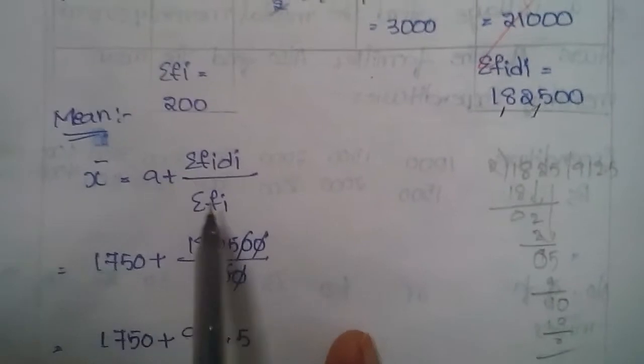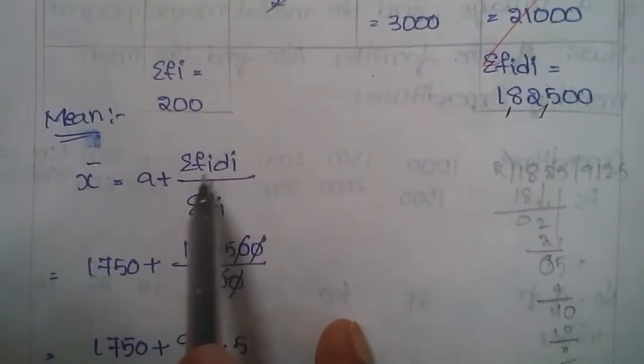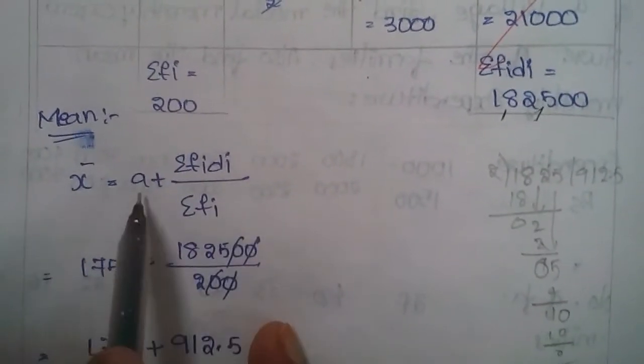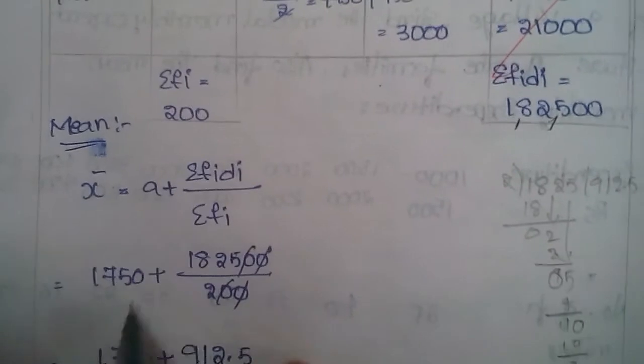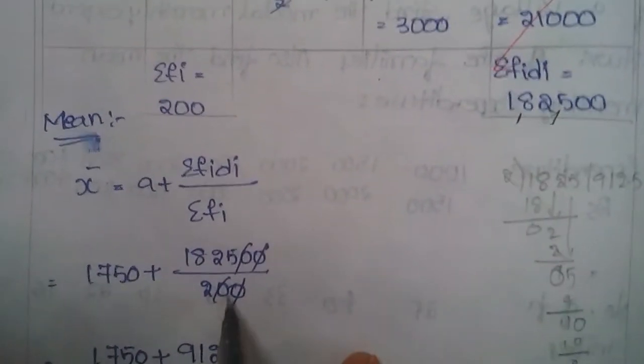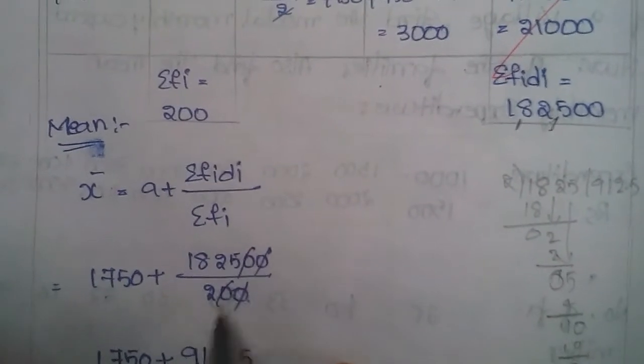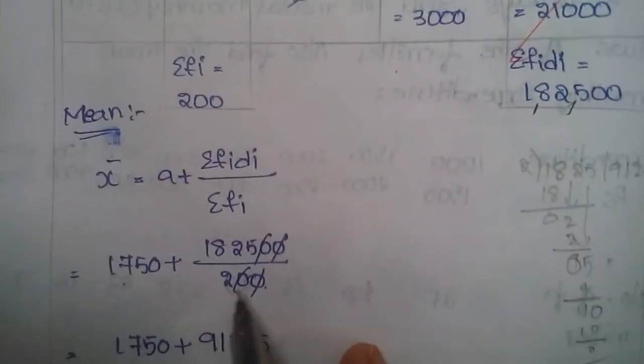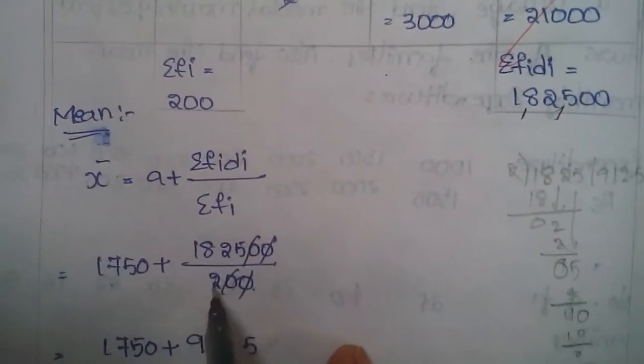So I am taking the assumed mean formula: x bar is equal to A plus sigma f of i d of i divided by sigma f of i, where A is equal to 1750. We'll get 1,82,500 by 200. Zeros can be cancelled. We'll get 1825 by 2, which is 912.5.